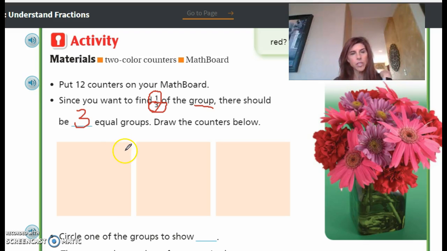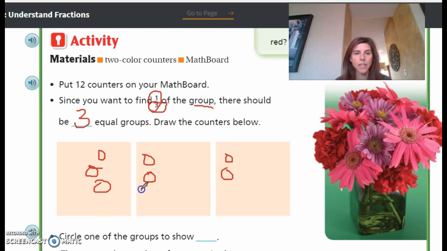And if we're going to do equal groups in three separate groups here, if we're going to find 1/3 of them, then we have to put them in each equally. So first we can just go like this and count 12. 1, 2, 3, 4, 5, 6, 7, 8, 9, 10, 11, 12.